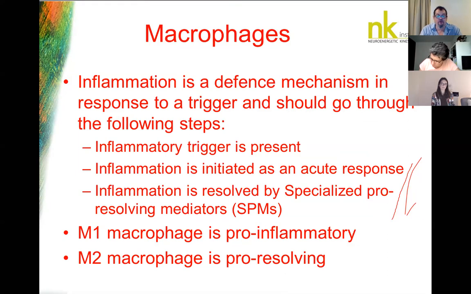Then you've got this whole thing about the M1 or M2 macrophages. And so pro-inflammatory is producing the pro-inflammatory cytokines.